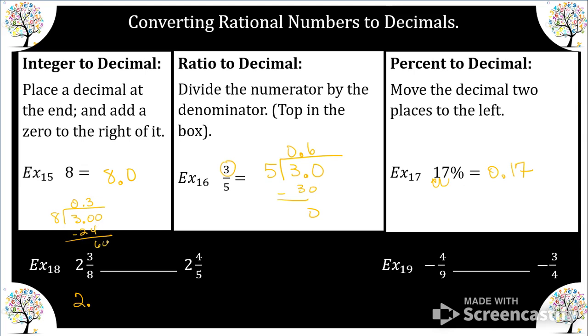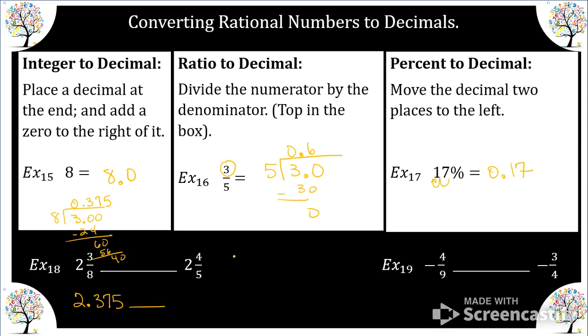Subtract, bring down a 0. 8 goes into 60 7 times. 7 times 8 is 56. Subtract, bring down another 0. And 8 into 40 is 5. So we have 2.375, and we're going to compare it to 2 4/5.